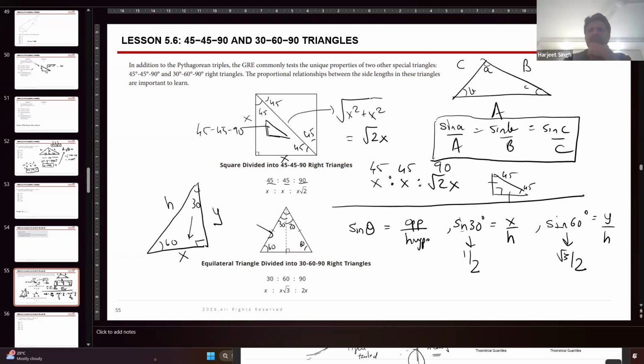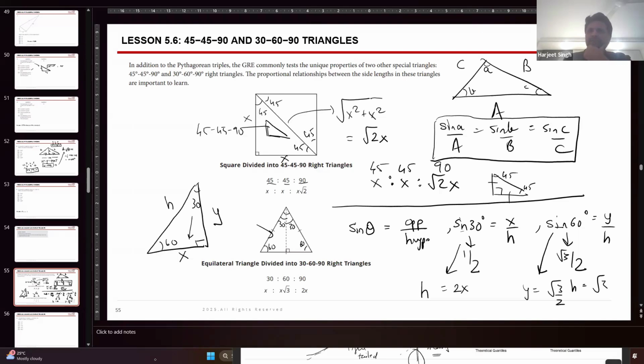So we can get h. h is equal to 2x. And we can get y from here. So y is equal to root 3 by 2 into h. But h is 2x.